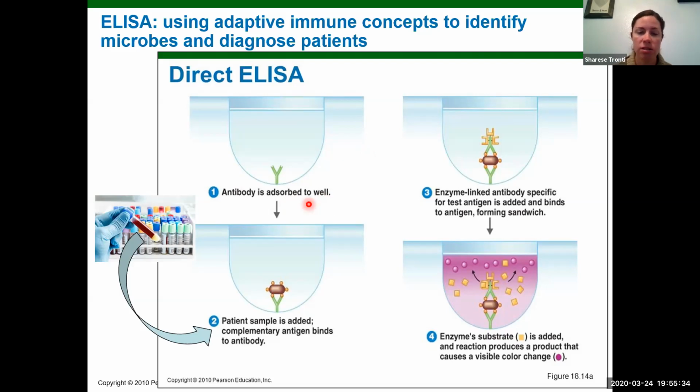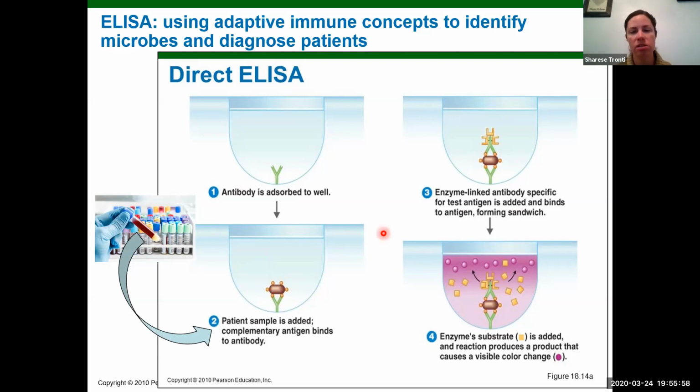Then the patient sample is added. So this antibody here is going to be specific for a certain type of antigen, a certain type of disease, pathogen, okay? If that pathogen is in that patient's sample, it will bind to the antibody.